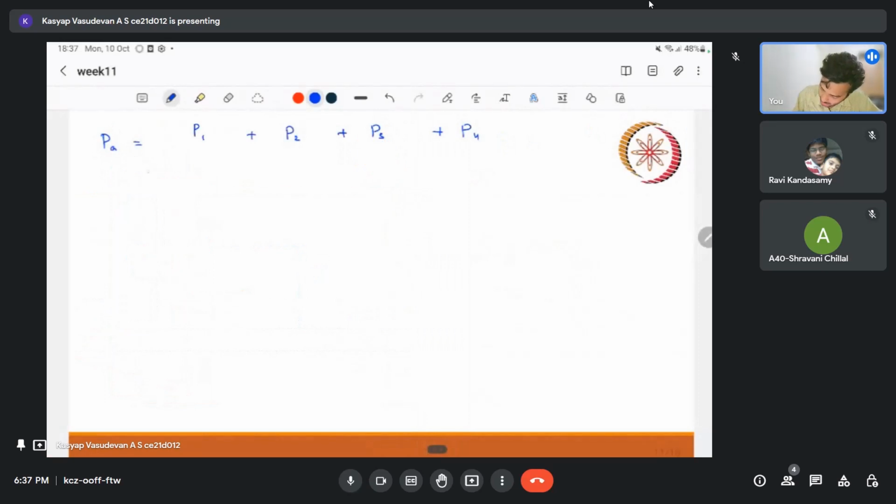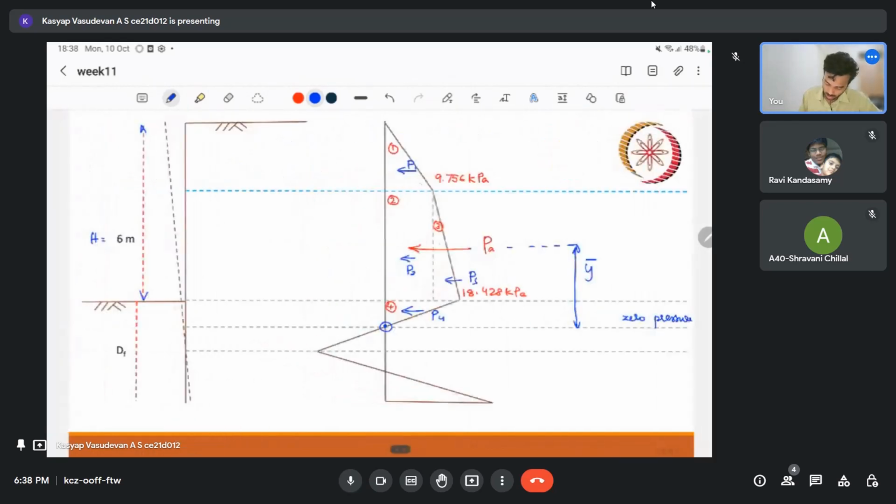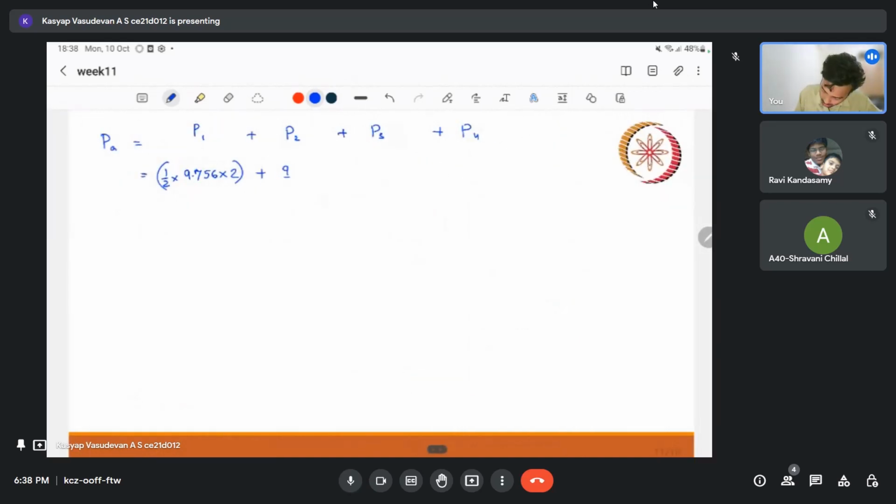The first one is nothing but half into base 9.756 into height 2 meter. The second one is the rectangular part, that is 9.756 into height 4 meter.